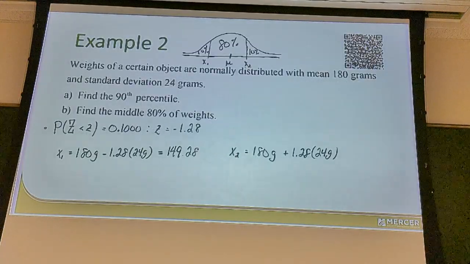I'm going to do that calculation to see how different it is. 210.72 is what I got by using 1.28 instead of 1.285.